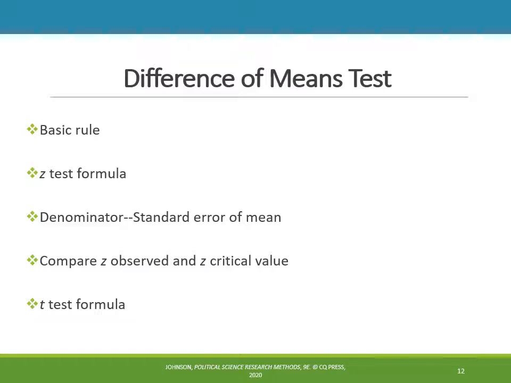And if the sample is much smaller, instead of using a Z formula, we would use a T formula. Typically, we use a T when the N, or the number of cases, is below 30. That's typically a standard that we use. So let's talk about what this looks like in a little bit more detail.